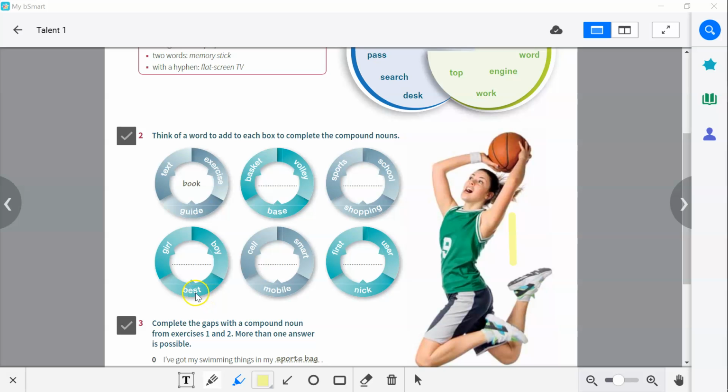Girl, boy, best, friend: girlfriend, boyfriend, best friend. Cell, smart, mobile: cell phone, smartphone, mobile phone. First, user, nick: first name, username, nickname.